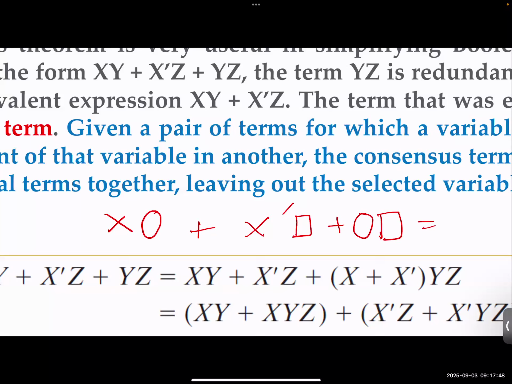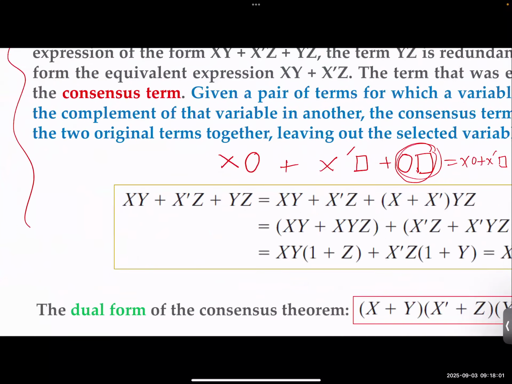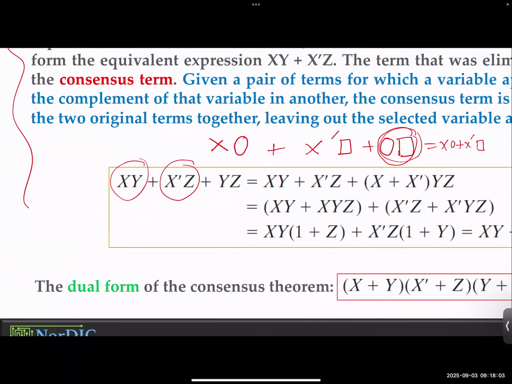That means you could practically ignore this and just go with whatever was the rest. So you can ignore the AND combination of the two shapes that you have been dealing with. This is exactly what the theorem says. If you look in terms of variables, xy plus x prime z. So basically you have y and z connected with the true and complementary version of the same variable.